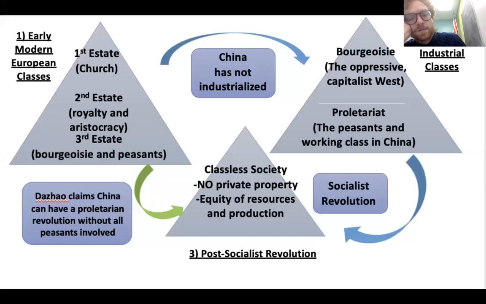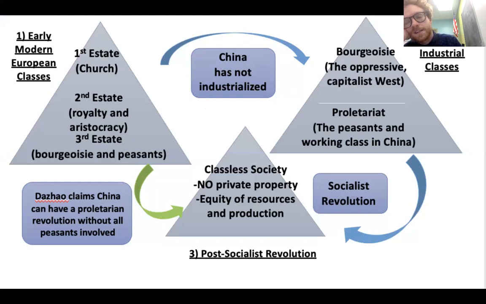And just to make this kind of complicated, this is what Li interprets as the class struggle, as the eventual struggle into capitalism. Well, largely, China has not industrialized, so it cannot really jump from this pre-industrial feudal state to the industrial capitalist conflict right here. So Li is going to reorganize this class conflict definition for China. He's going to reinterpret it.